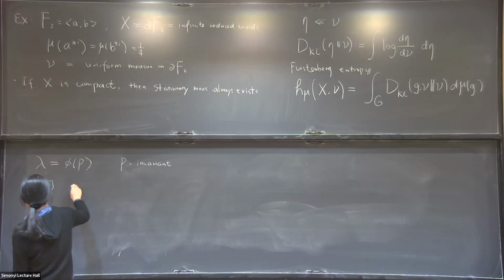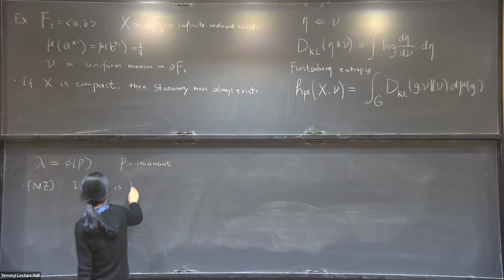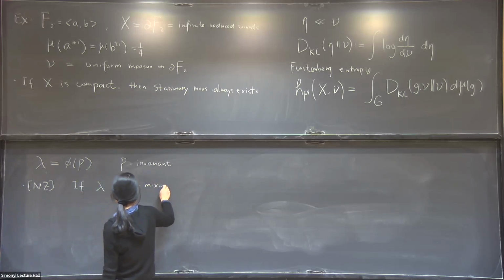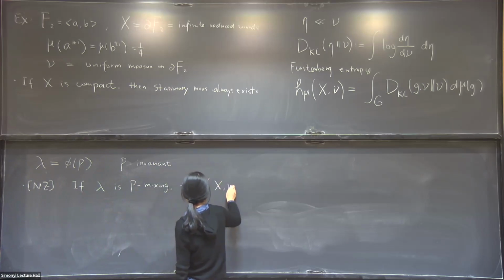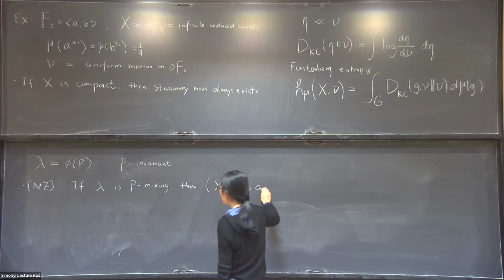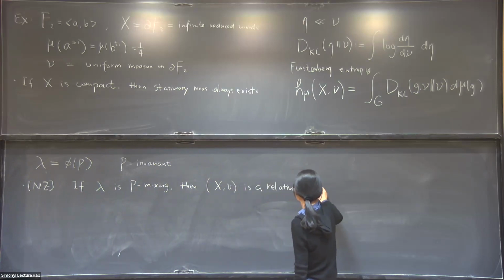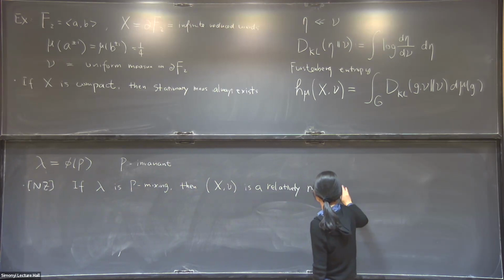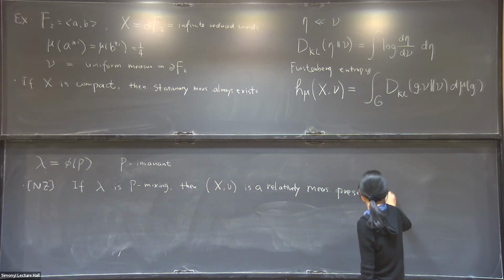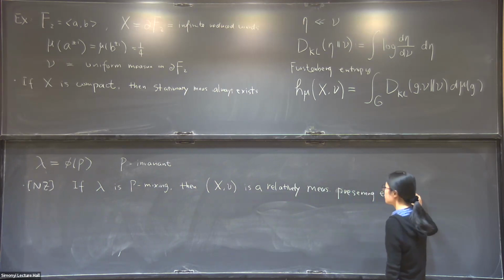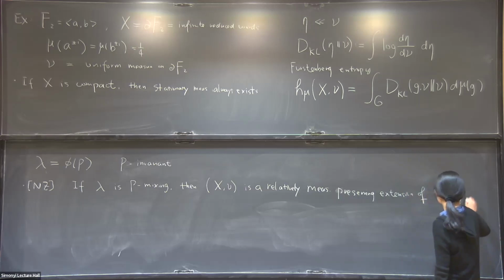And then they prove, this is part of the Nevo-Zimmer work, that if in addition, say lambda is P mixing, then your system is actually a relative measure preserving extension of your factors.